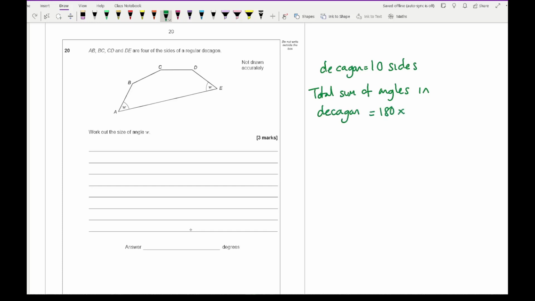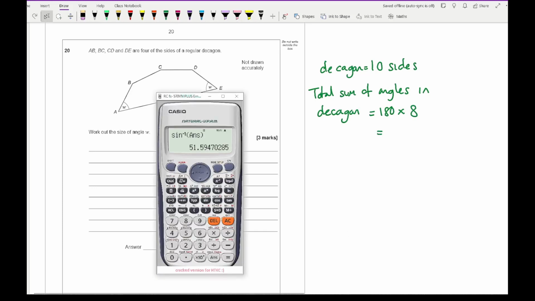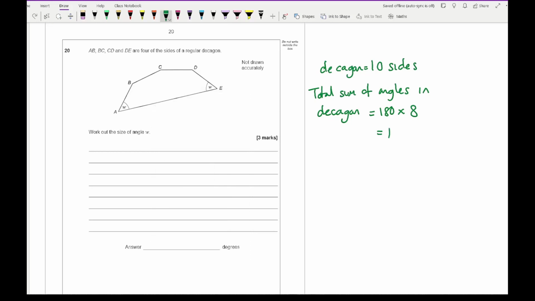it's going to be 180 times, the number of sides take away 2, which is 8. So then, getting the calculator out, 180 times 8 equals 1440 degrees. Now, in terms of the interior angle of a regular decagon, if all the angles are the same, that's going to be 1440 divided by 10, which is 144.